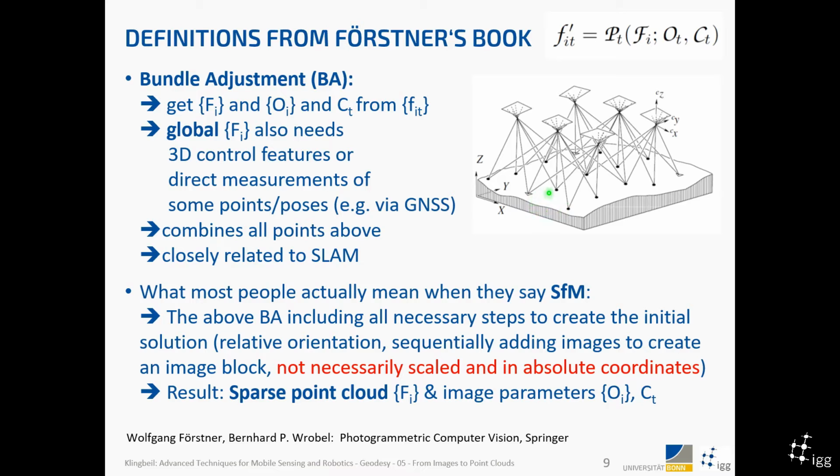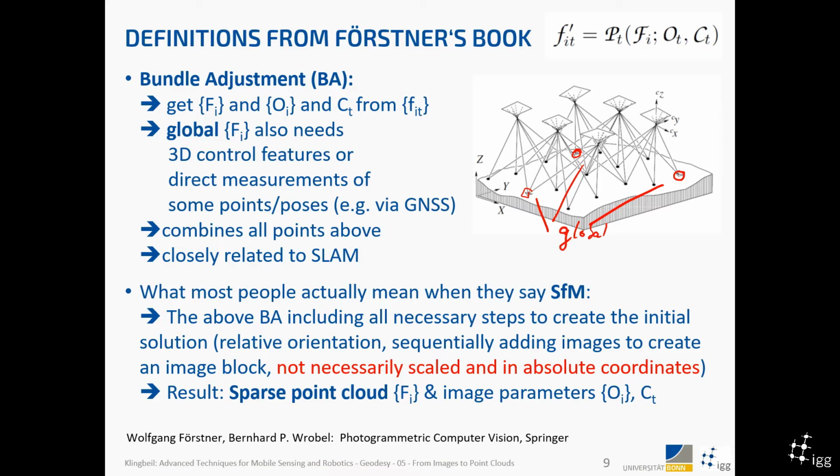And if there are also points with known coordinates, like this one here, these here are so-called 3D control features or control points. If we have them in a global coordinate system, then we can basically transform the whole system to a global coordinate system, and then we know also the camera positions in a global coordinate system.